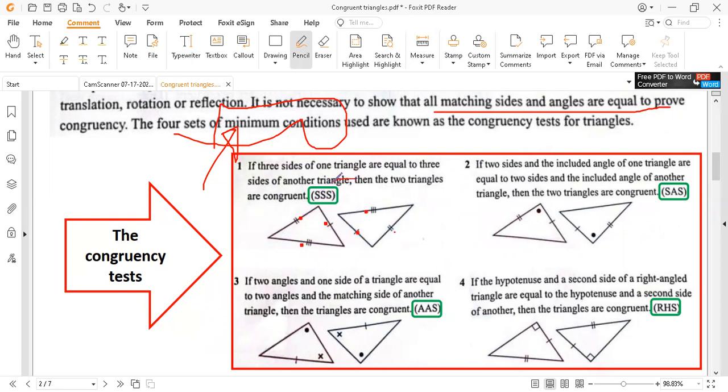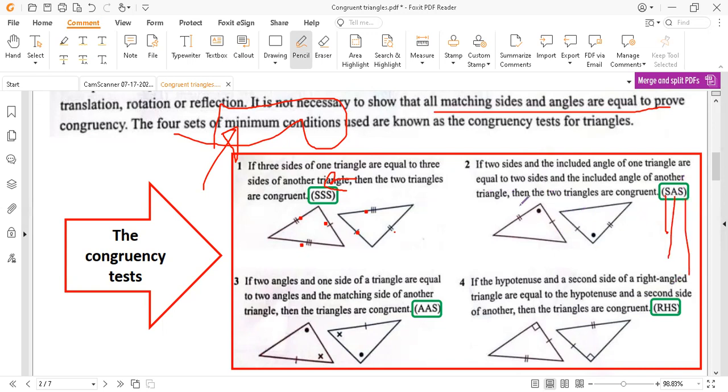So the rule of the test is known as side. If we can guarantee that the three sides of this triangle are equal to the three sides in the other triangle, then the two triangles are congruent.